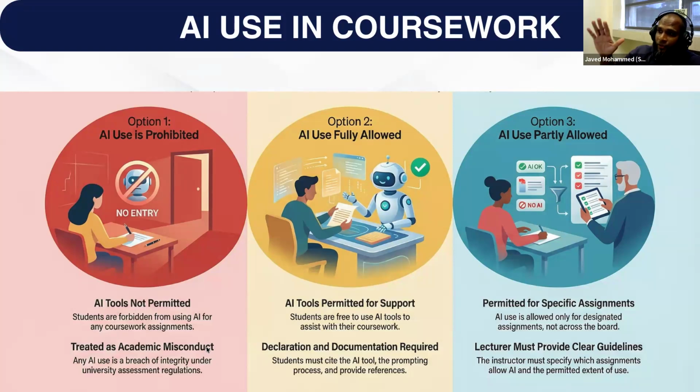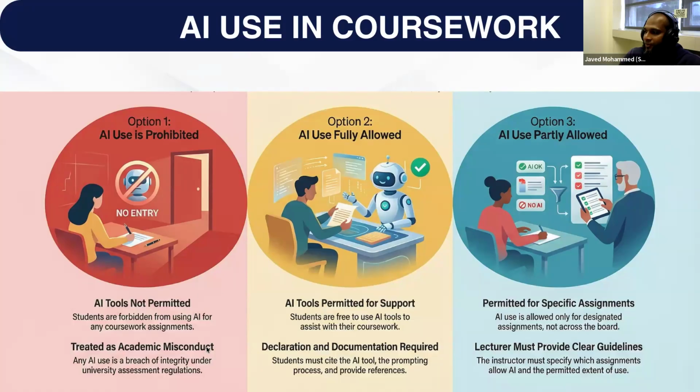Option 2, you fully endorse it. Students, you are free to use it anytime, anywhere throughout the course. But you must state that clearly, and you should have a declaration statement as well, where students must cite the AI tool that they're using, the prompting process, and provide references. And the last option, which is the widely used option, is partial use.